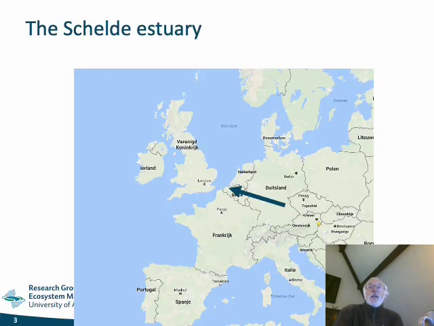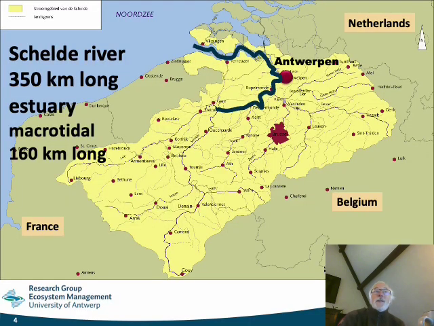The Schelde estuary is situated in the north of Belgium, along the North Sea coast, and is part of Belgium and the Netherlands. Here you can see a map of the catchment of the area, and the overall river catchment of the river Schelde is quite small.